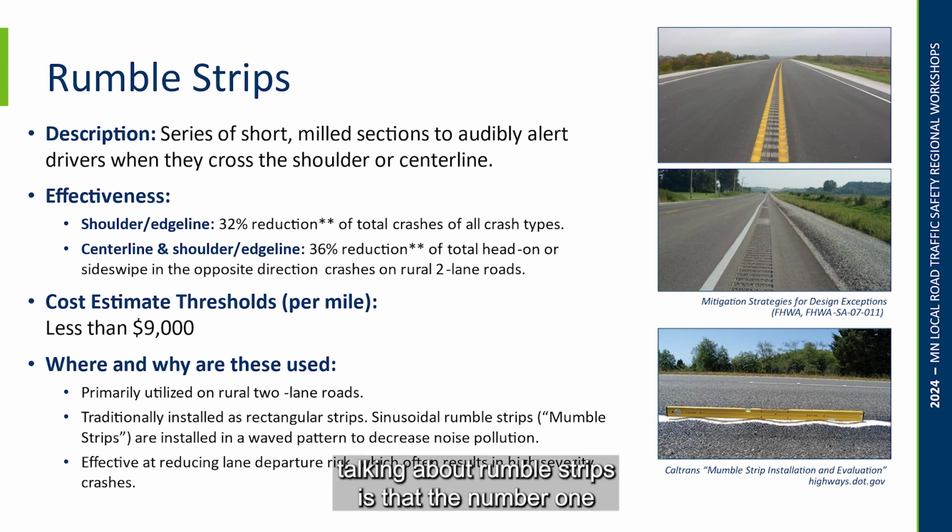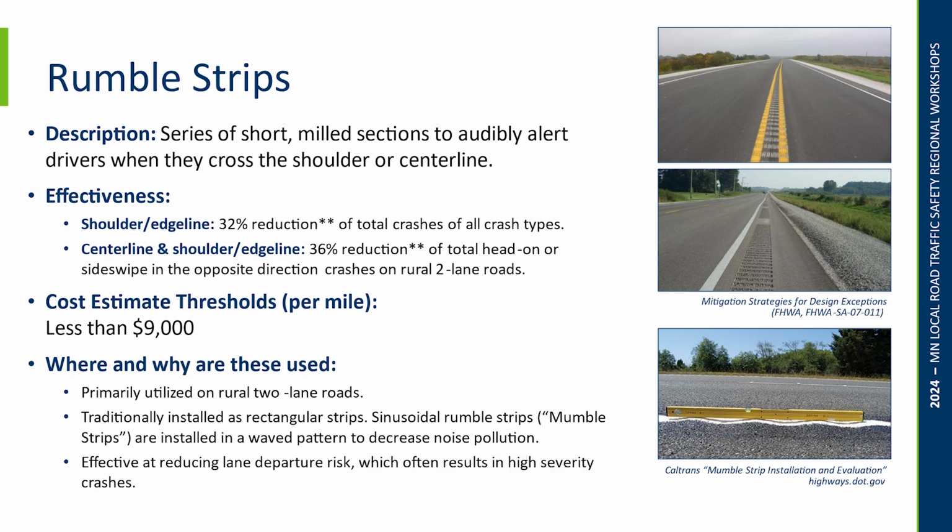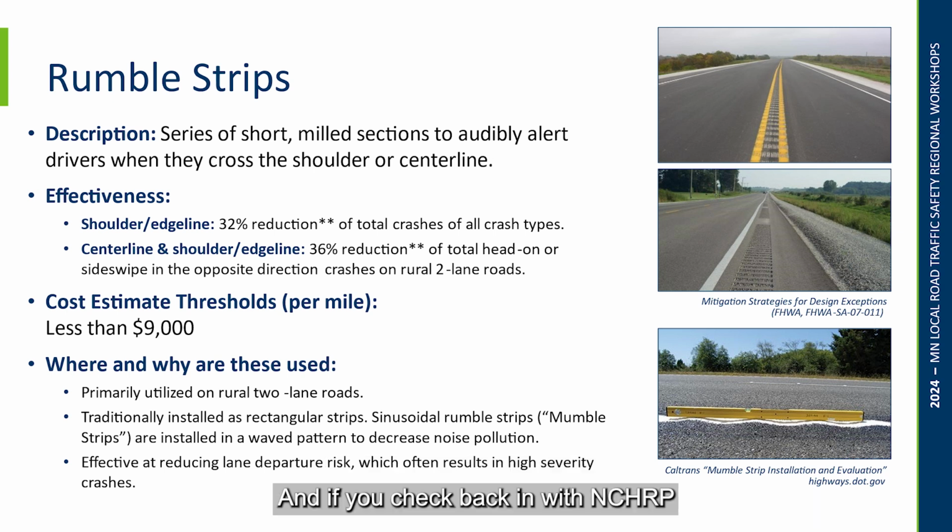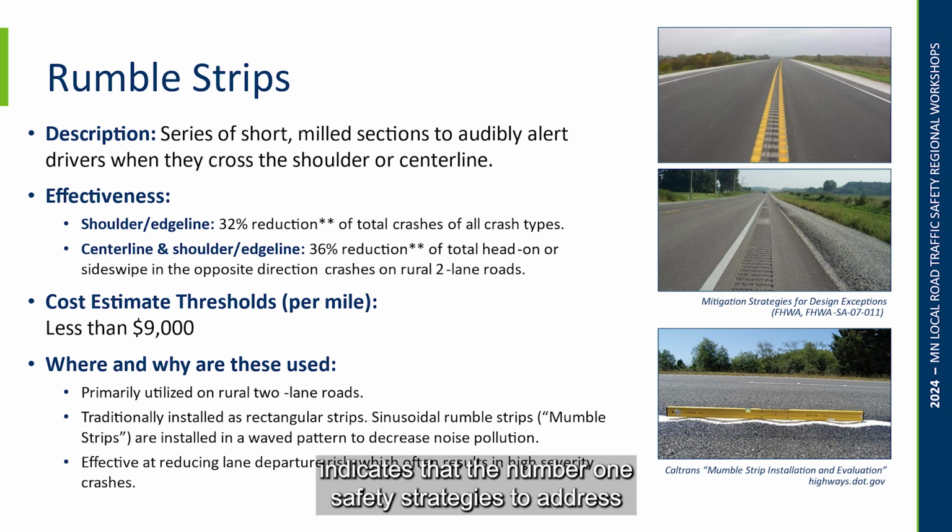The reason we're talking about rumble strips is that the number one severe crash on rural local roads and state highways is a single vehicle running off the road. And if you check back in with the NCHRP 500 series, the volume on road departure indicates that the number one safety strategy to address these road departure crashes is to improve your road edge.